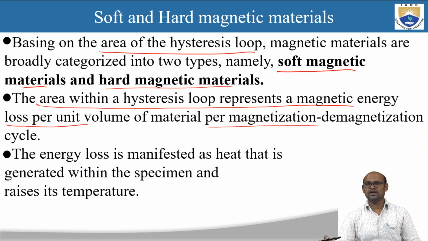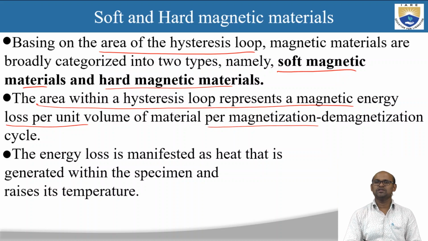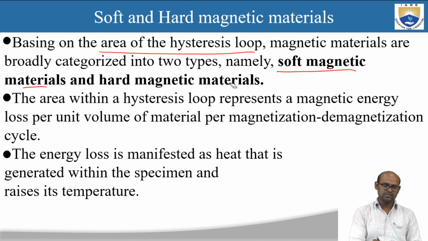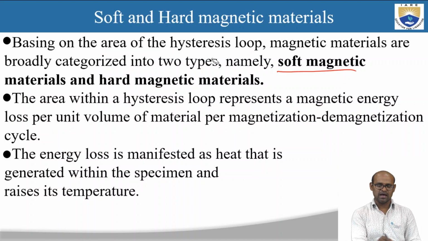As we apply the field and decrease the field, there is going to be energy loss, and the energy loss is manifested as heat, so the temperature of the material will increase.